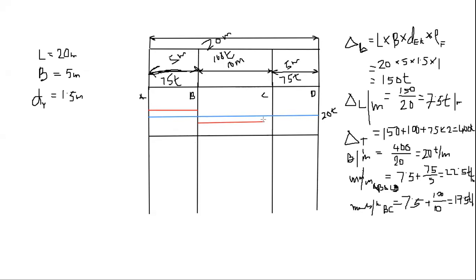For example, this is the line B to C. And then this is the same. So if you extend this line, these two values will be 17.5 and 22.5. So we can plot this mass and the buoyancy curve.